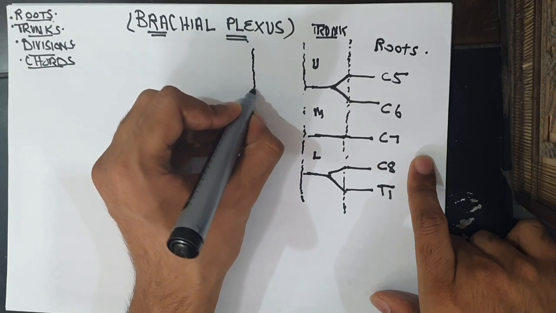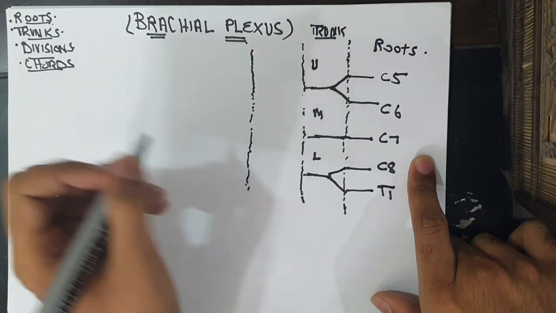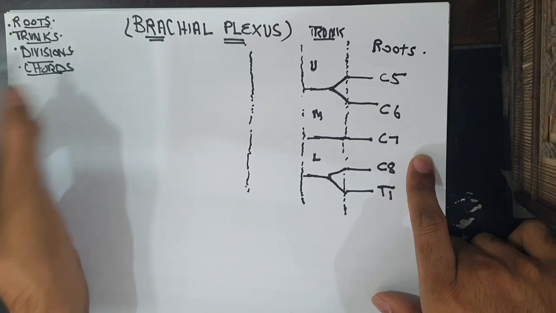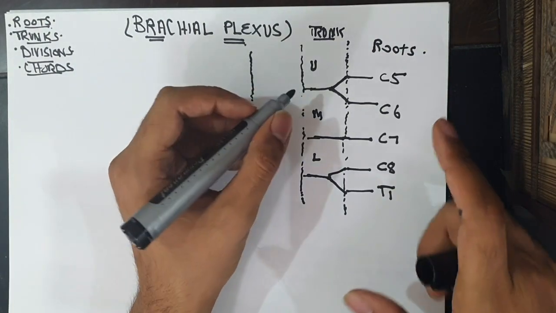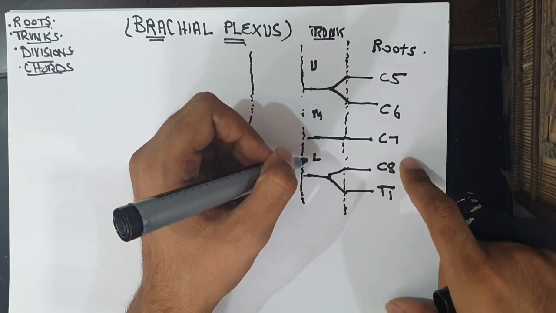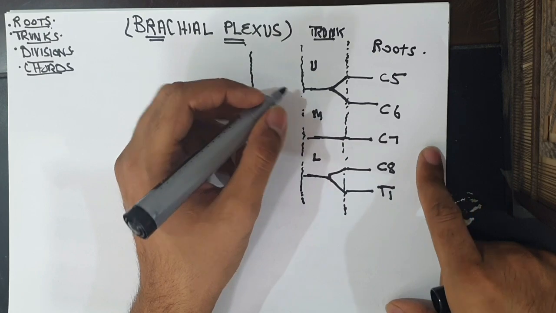Now we leave the territory of the trunks and enter the third territory, which is the territory of divisions. Remember, each trunk, that is the upper, middle and the lower trunk, is going to divide into anterior and posterior divisions.